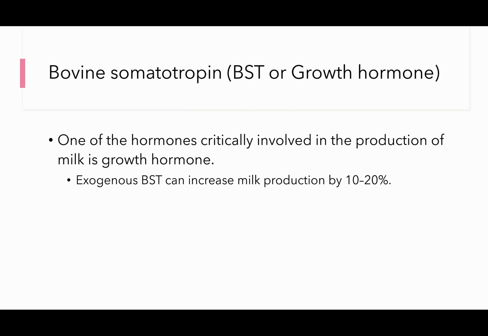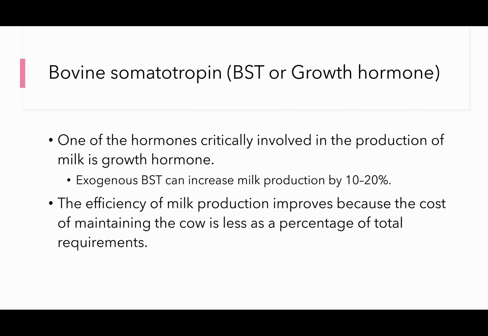However, producers sometimes will give exogenous BST, and they can do this to increase milk production by 10 to 20%. So for a farmer, this relates to money or profitability. And the reason they see this as beneficial is because the efficiency of milk production will improve because the cost of maintaining the cow is less as a percentage of its total requirements.